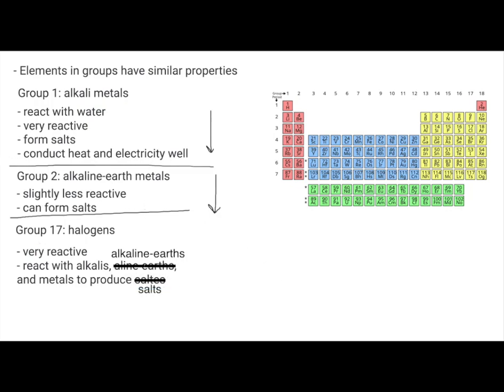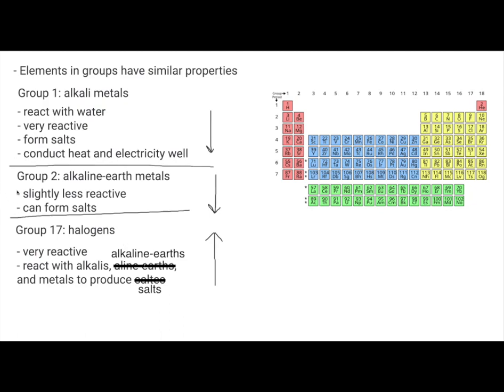And what's interesting about the halogens is that they get more reactive as you go up the group. So as you go up from iodine to bromine to chlorine to fluorine, they become more reactive. This is the opposite trend.